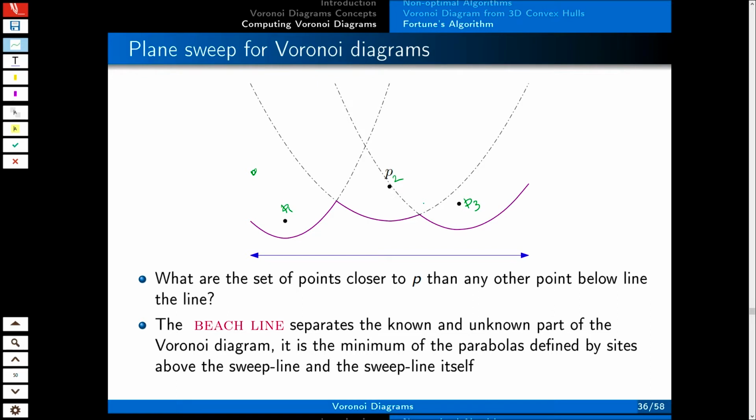I cannot certainly say that a point here will not contribute anything here, but I can certainly say that a point here will never be able to contribute anything above the beach line. Clear till now? Questions?